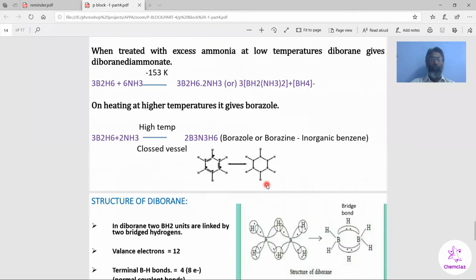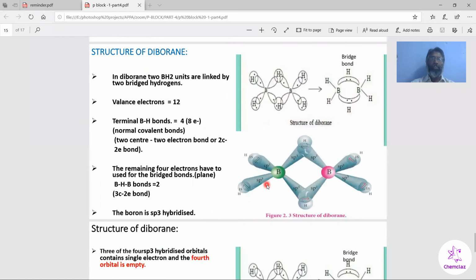After chemical properties, the next one is the structure of diborane. The structure of diborane is a very important question, a 3-mark question. This structure has different types of bonds. First, you can see that this structure has 2 units of BH2, this BH2 and this another BH2.